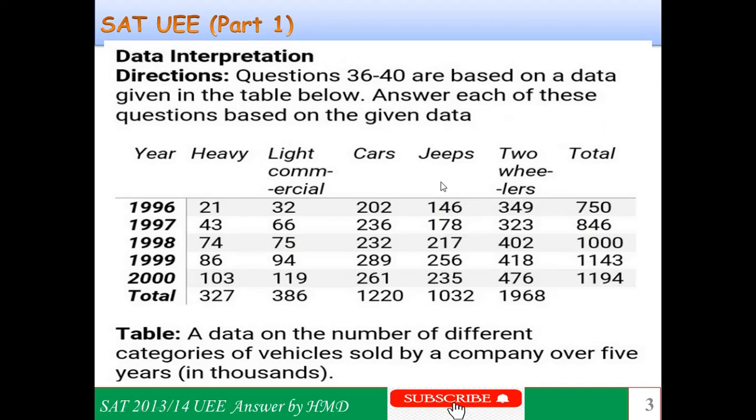I'm so sorry. Every operation that was done for Jeeps is going to be for the two-wheelers.